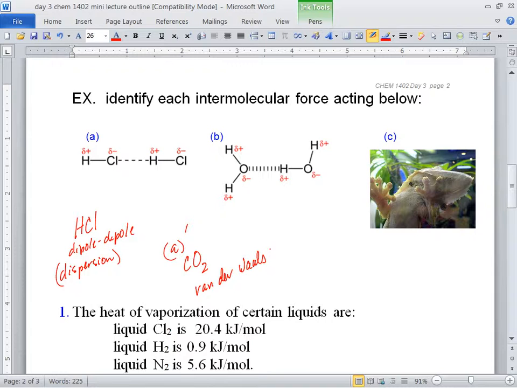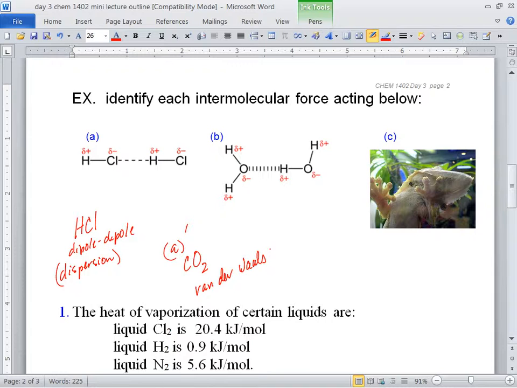There's no H, so it can't be H bonding. Now, there could be dipole-dipole unless this molecule is perfectly what? Perfectly linear. So you'd have to do the Lewis dot structure, do that whole valence shell electron pair repulsion theory, VSEPR, and see whether it's linear or not.